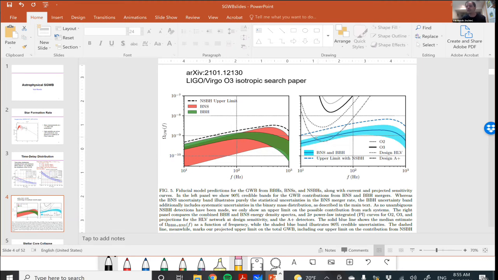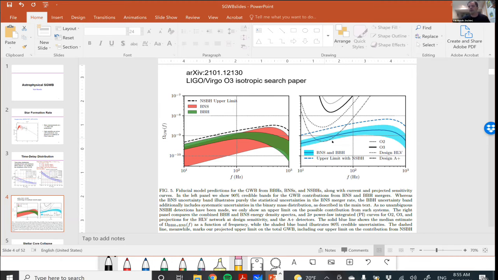In this case, you see that we are actually digging deeper. So if I were to compare the A+ sensitivity with the mean prediction of the model, then I would think that we're probably at the level of something like 3 sigma for that particular model.